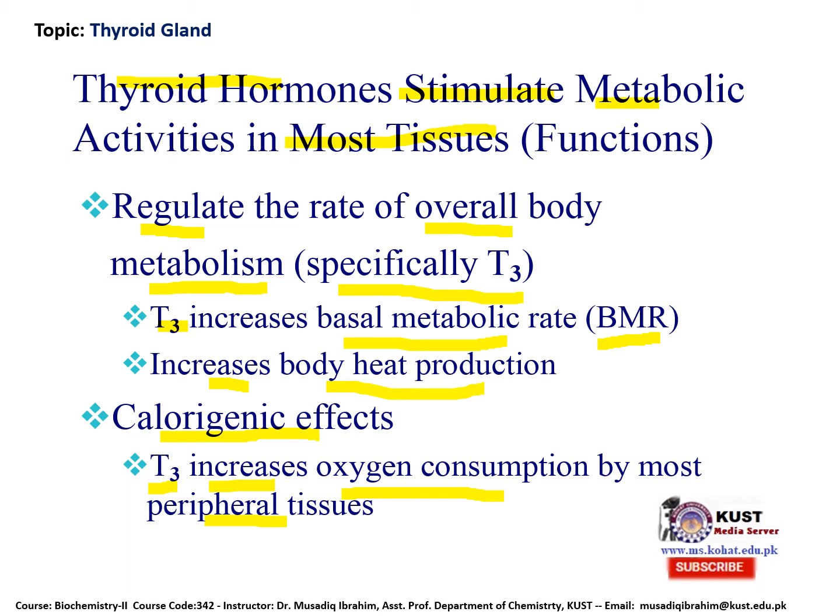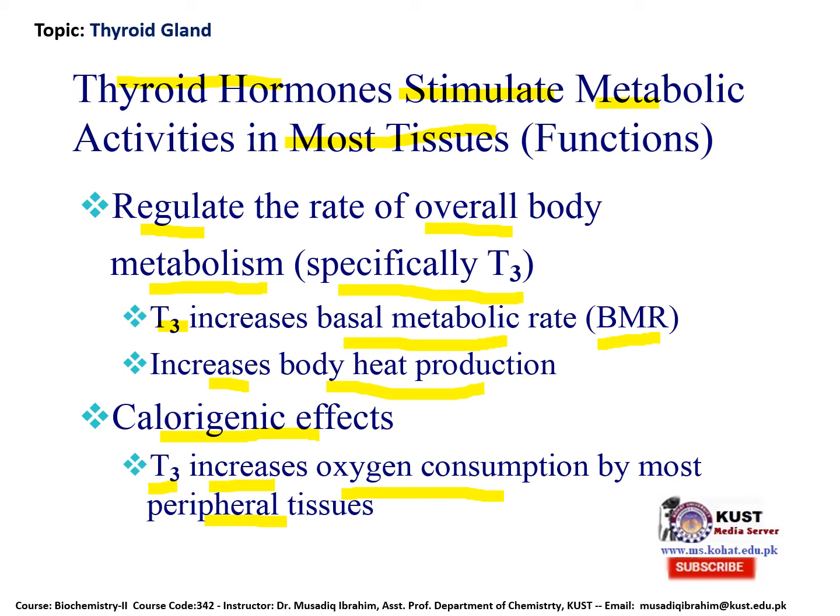T3 binding is observed in almost all the tissues of the human body, and thyroid hormone receptors are present on almost all the tissues. For example, the heart, the skeletal muscle, the liver and the kidney are markedly stimulated by thyroid hormone.